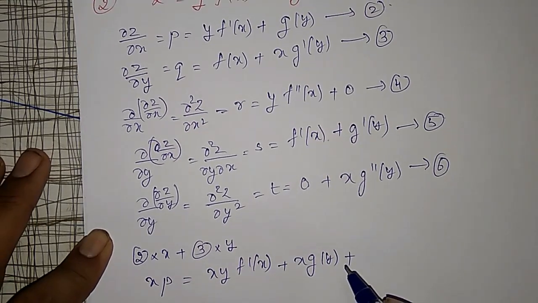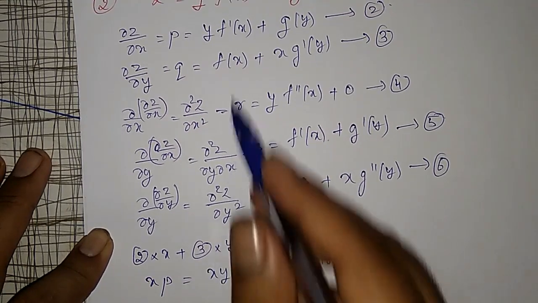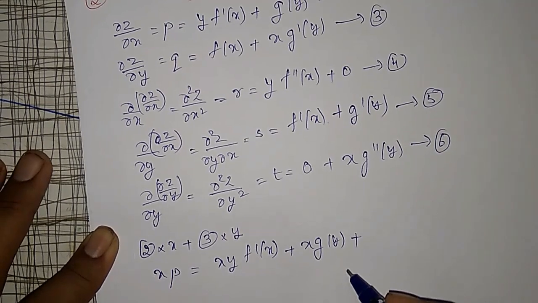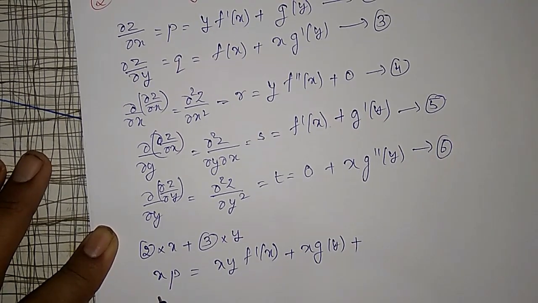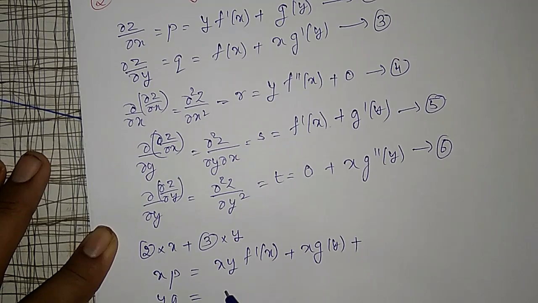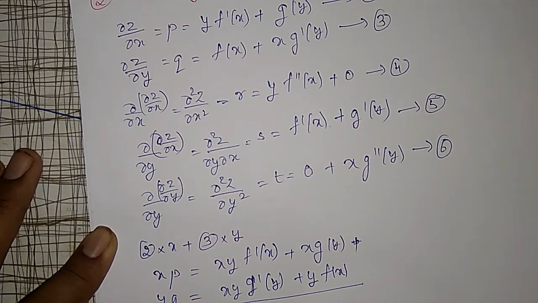Plus, for equation 3 I multiply by y, and I have to add them. That is y into q equal to xy into g dash of y plus y into f of x. I have to add these two equations.